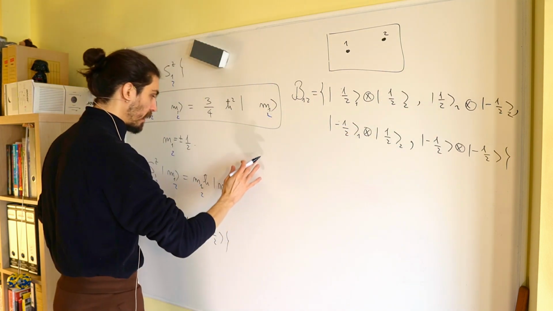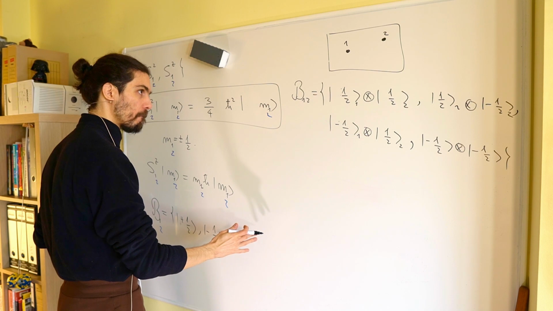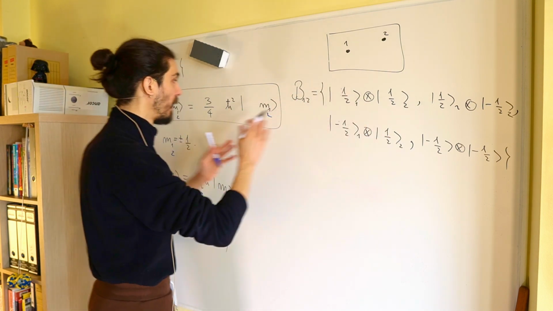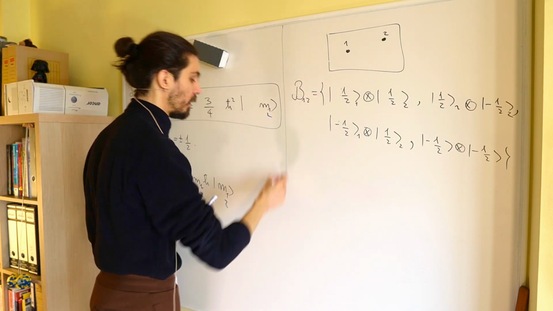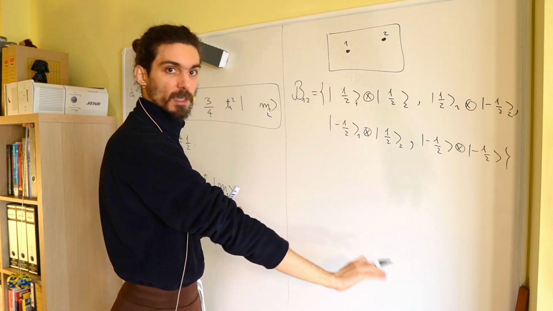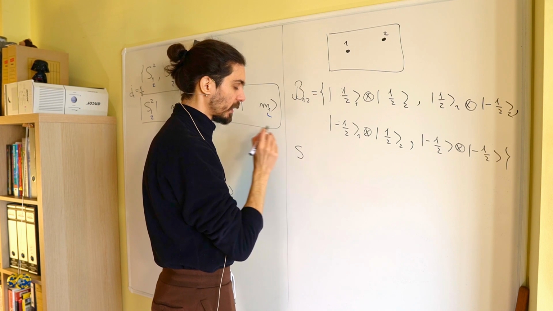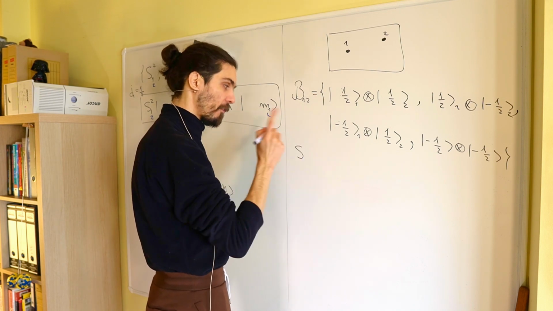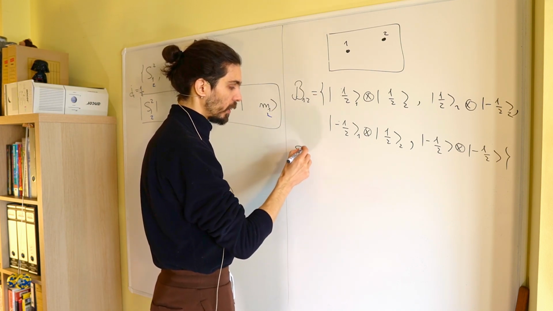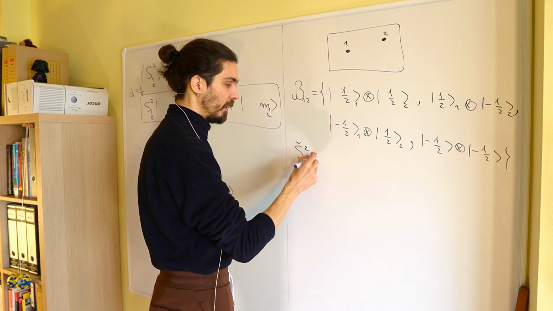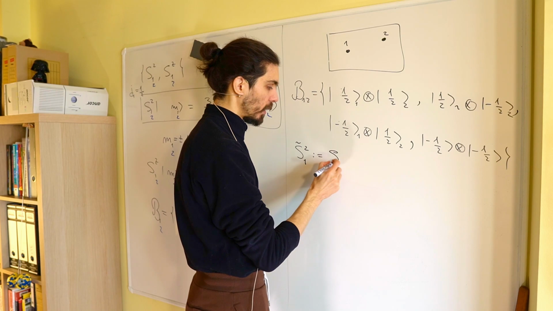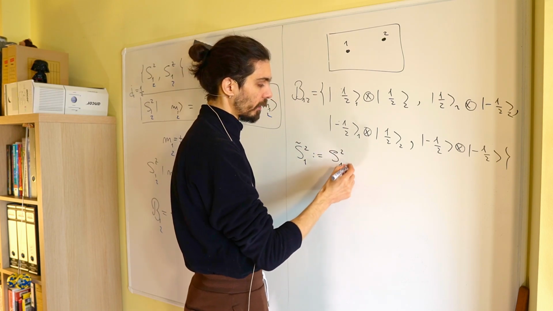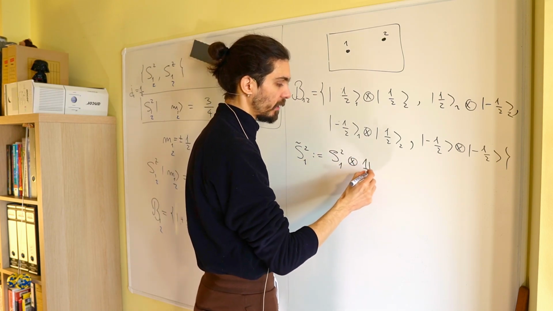We want to construct from this the basis for the new states, and we also want to extend these operators into the new space of action. So let's define a new operator, S1 squared tilde, and this S1 squared tilde is S1 squared tensor with the identity at 2.